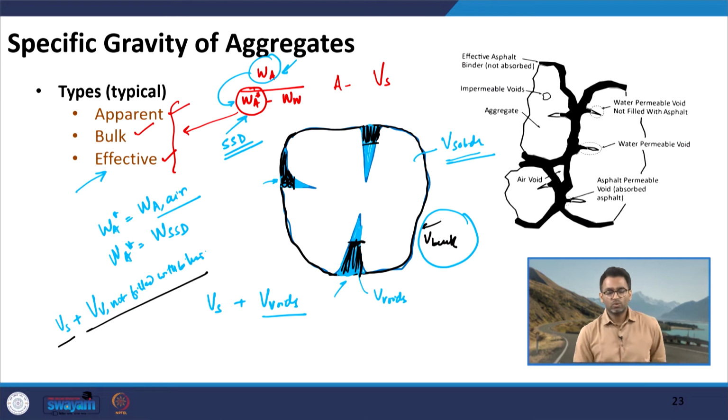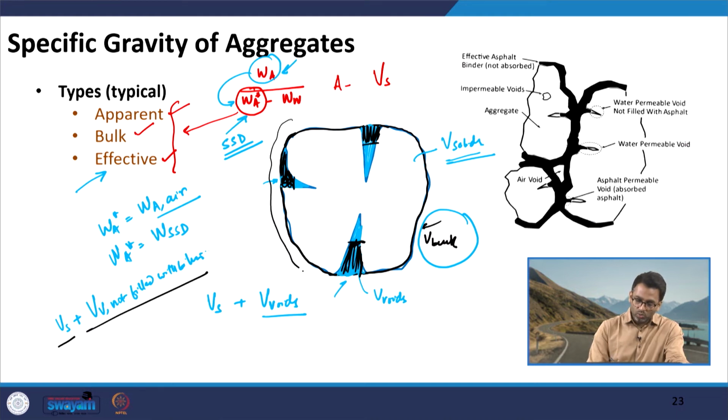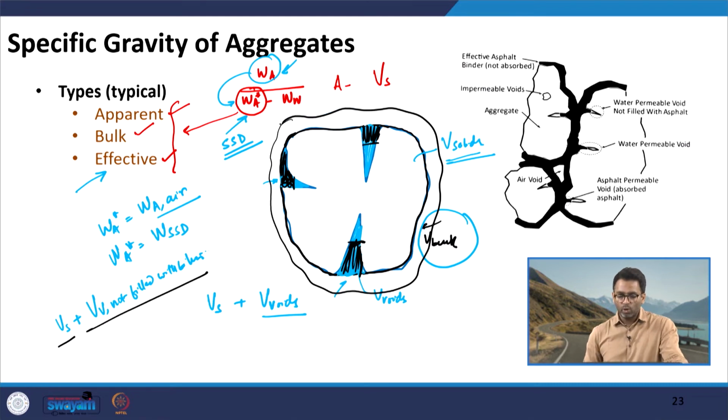Now, this becomes very critical. I will talk about it later, because you could say that okay, that we can do, just take a piece of aggregate, dip it in hot bitumen, take it out, again saturate surface dry. But when you dip it in bitumen, in addition to the amount of material which will go inside the voids, you will also have a film of bitumen here, and this film of bitumen cannot be just removed using a dry cloth, all right.